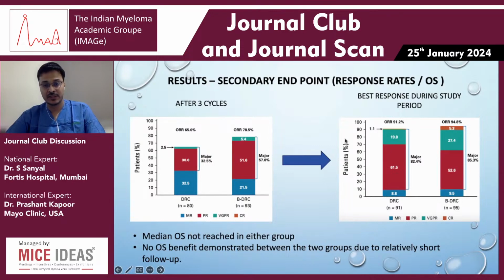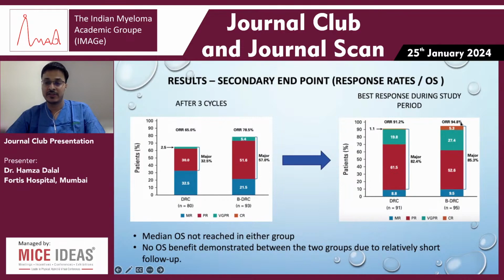When this was later compared to the best response during the study period, the best overall response rate improved to 94.8% for BDRC and 91.2%. But importantly, the VGPR and CR rates were very high, almost 32% plus as compared to 20% in case of DRC.